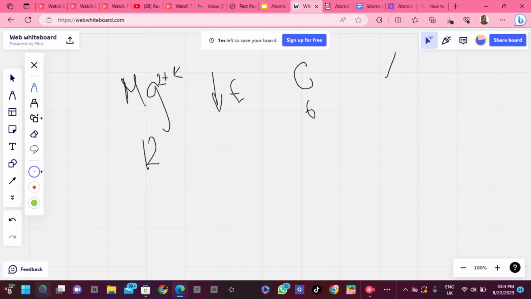Now in the case of an unknown element X, it's got a mass number, so A is equal to 63. It's got a neutron number of 34.